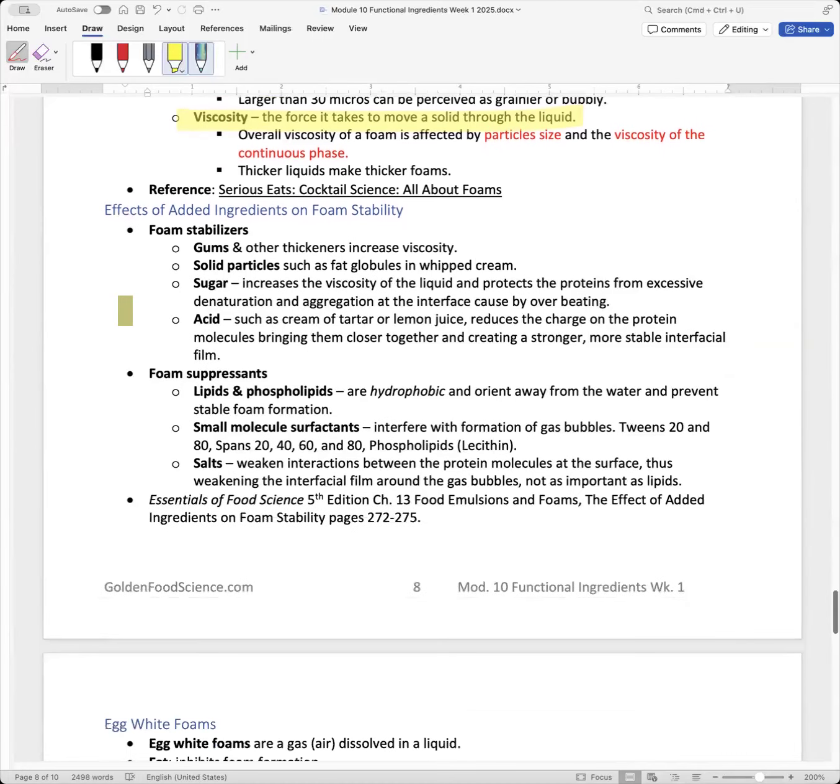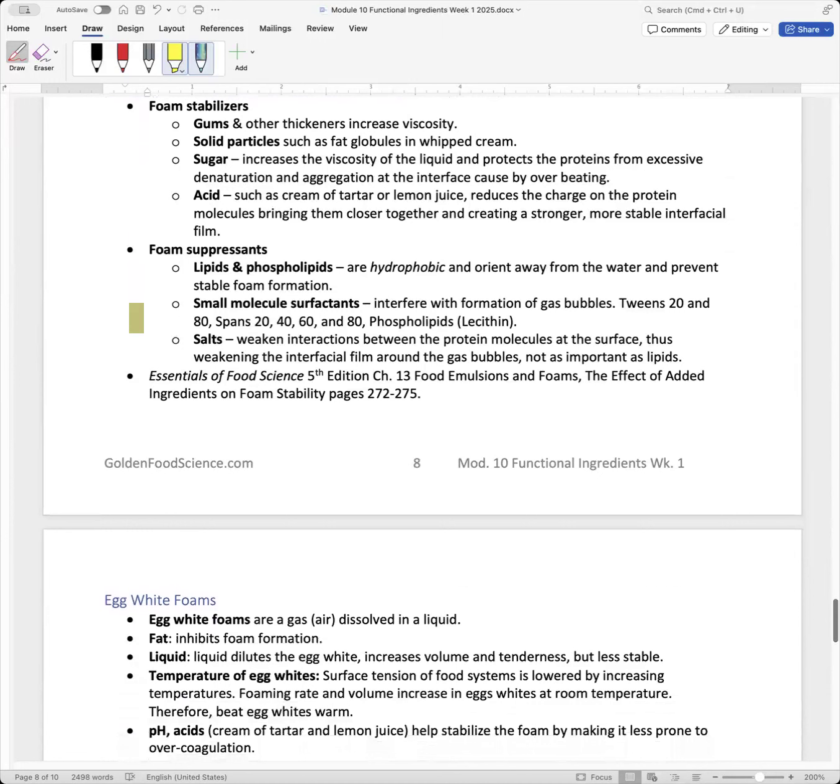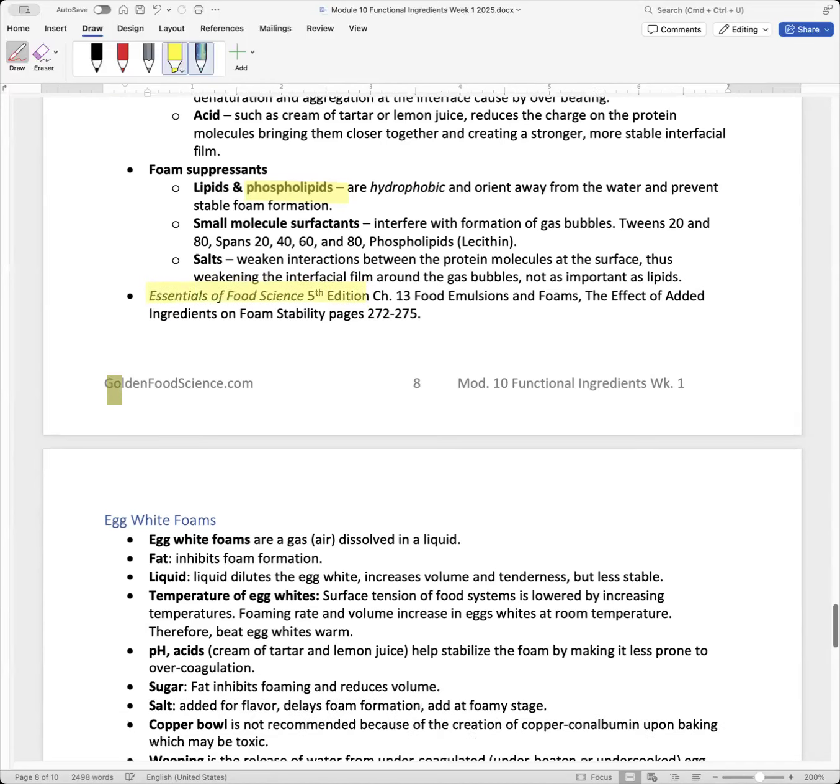Anyway, foam stabilizers are gums, sugar, acid, and fat. Foam suppressors are liquids, phospholipids, which are emulsifiers, small molecule surfactants, and salts. I looked this all up in the Essentials of Food Science, if any of this is important to you.